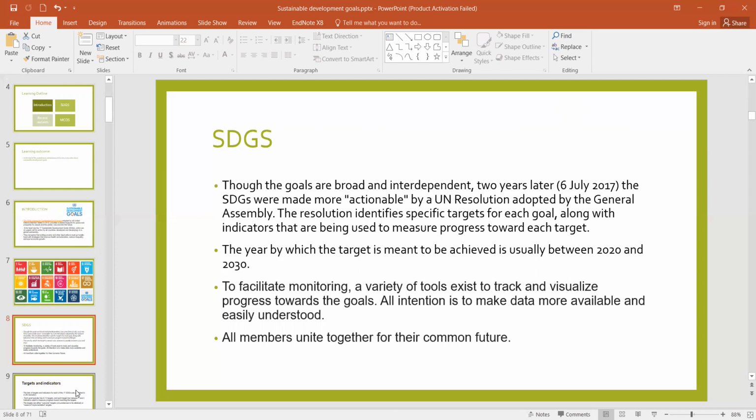The year by which the target is meant to be achieved is usually between 2020 and 2030. To facilitate monitoring, a variety of tools exist to track and visualize progress towards the goals. The intention is to make data more available and easily understood. All members unite together for their common future.